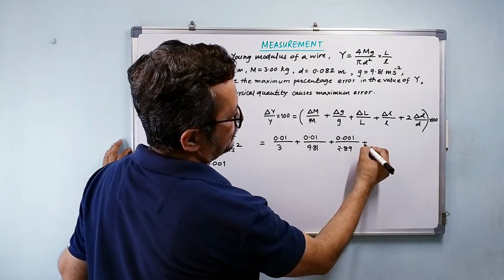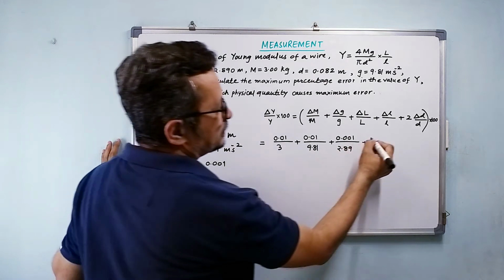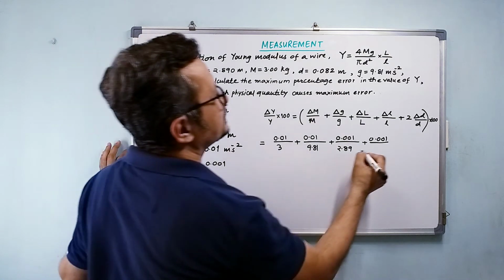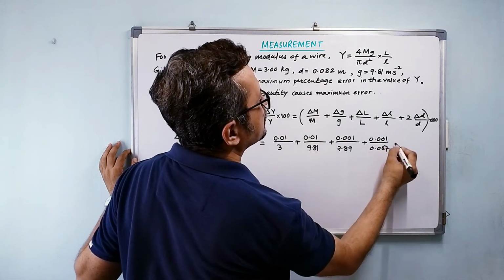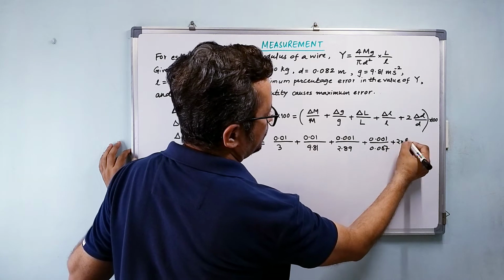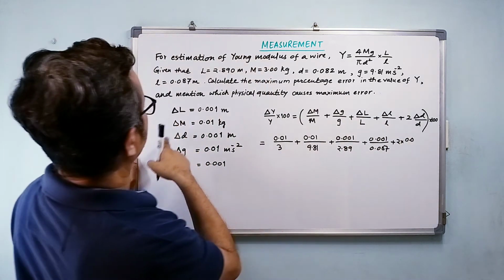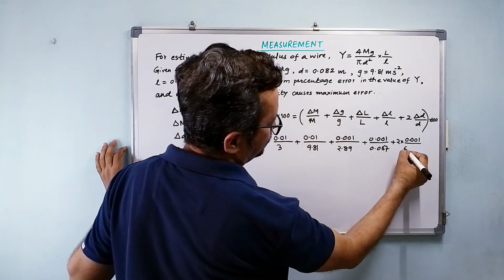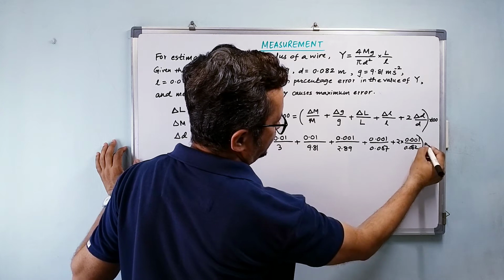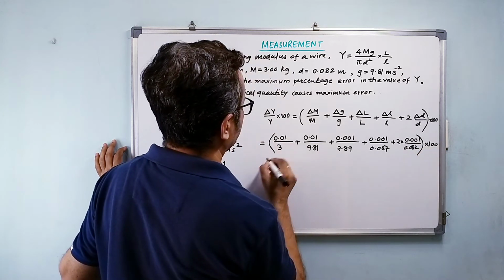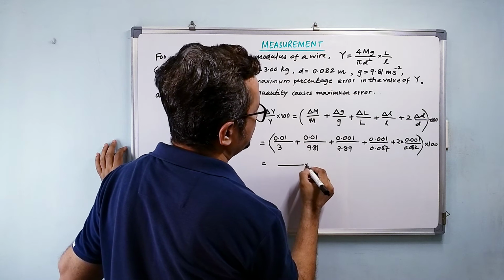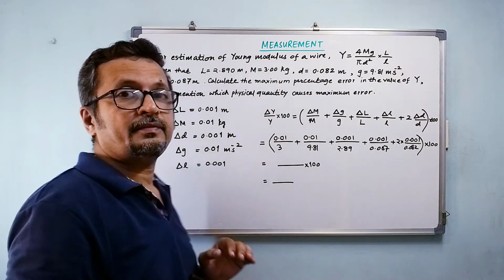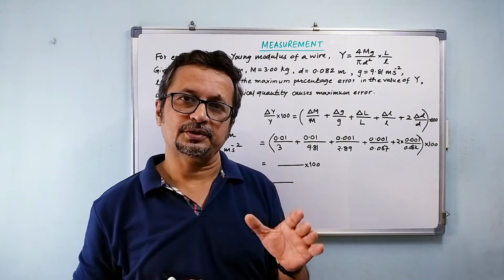Plus delta small l, so 0.001 divided by 0.087, plus twice 0.001 upon how much is D? 0.082, and this whole thing multiplied by 100. Now you can just make the addition, multiply by 100, and you will get the answer here. That would be the percentage error in measurement of Y.